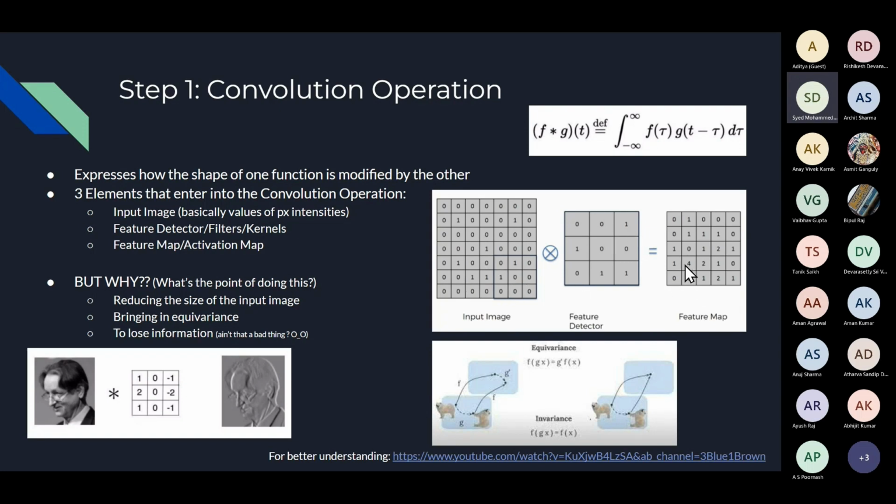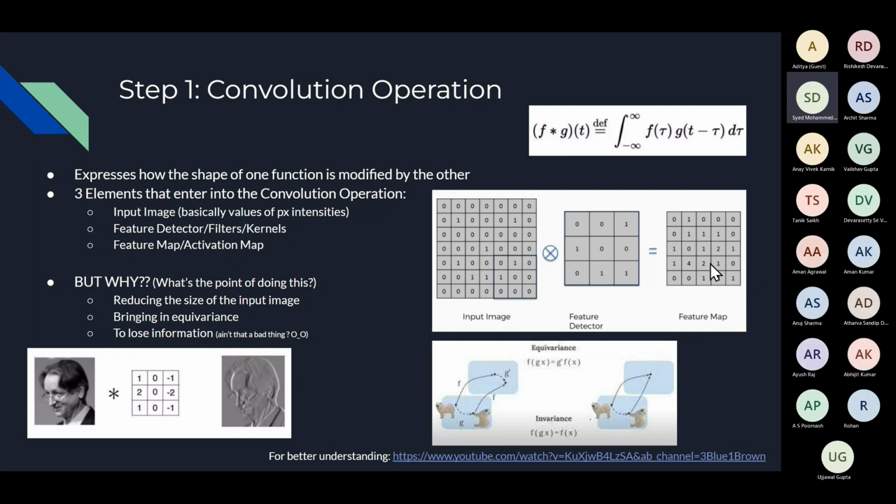So this is how the 4 came into the feature map, and what this 4 signifies is the resemblance that the input image has with this filter in this part of the image.